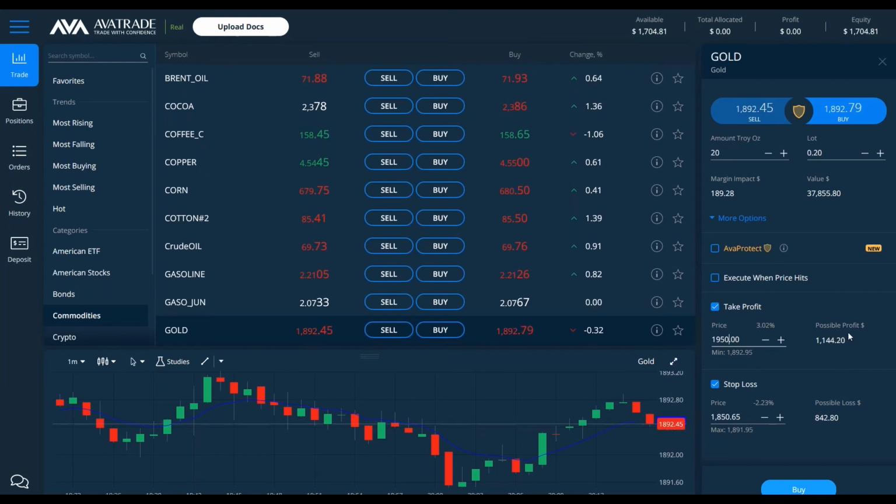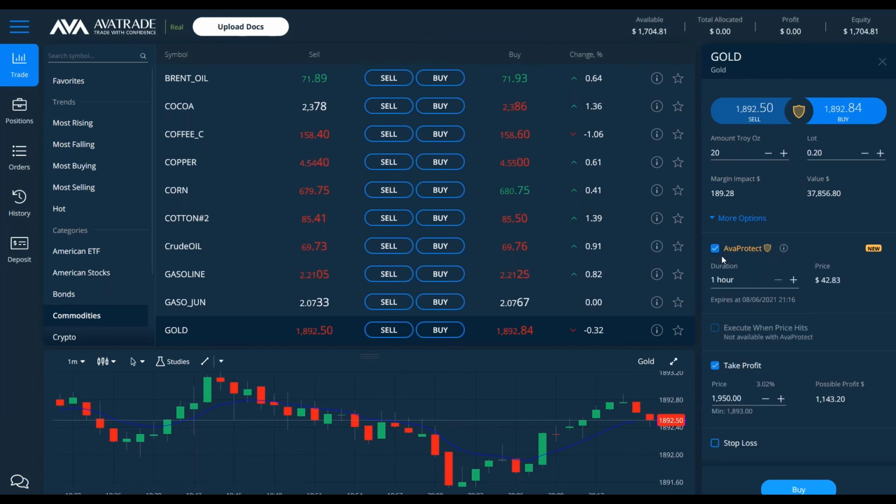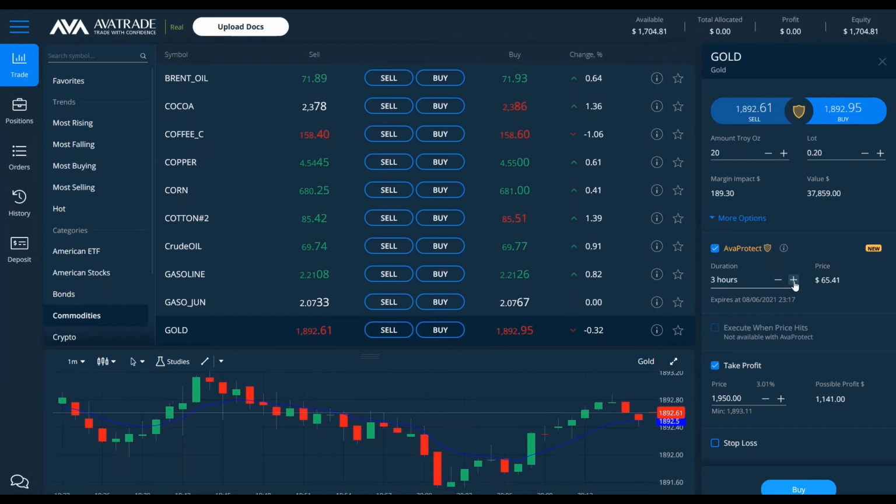The AvaTrade Go app does this for you as well before you open your trade. So I like the possible profit, but boy, maybe I don't want to risk half of my balance almost to my stop loss. So maybe I decide, you know what, let's use AvaProtect. Maybe I expect a lot of movement in the next several hours, and I only have to pay a small amount for protection. Or maybe I even want to go 1 day or 2 days.